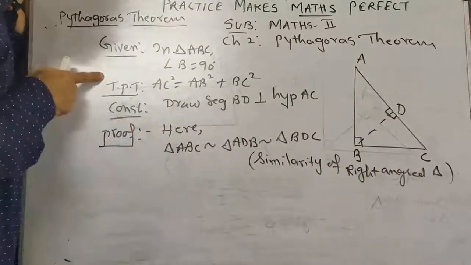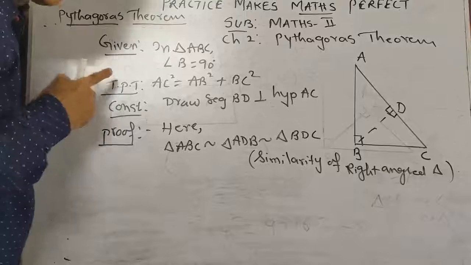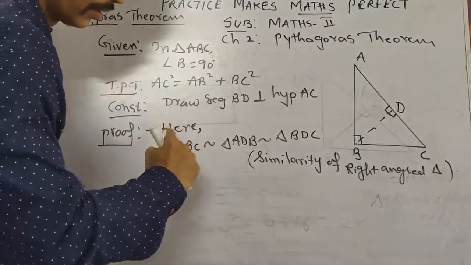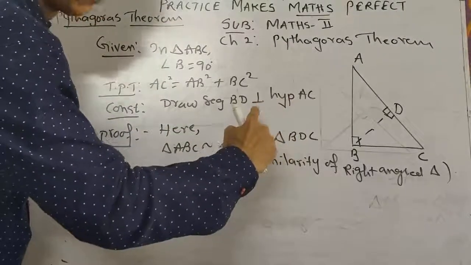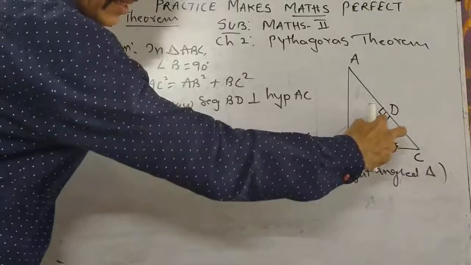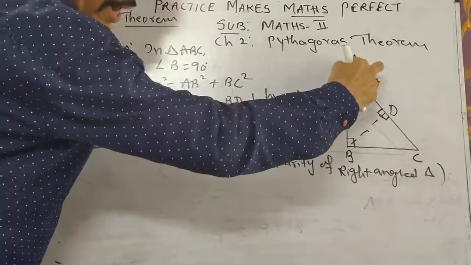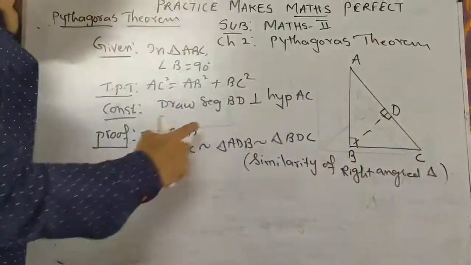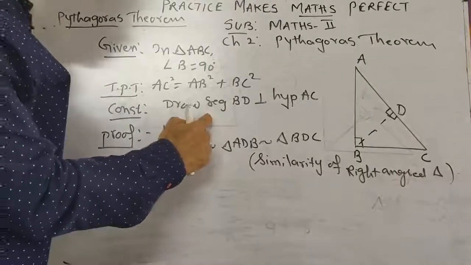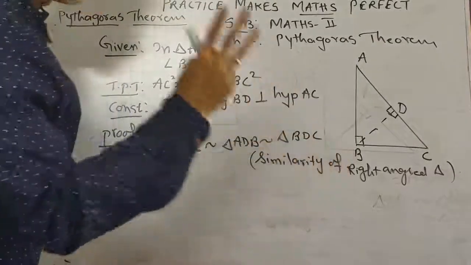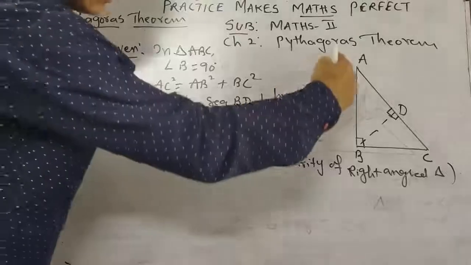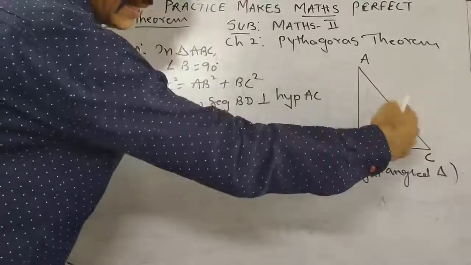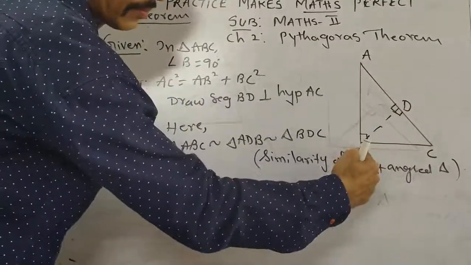To prove this, we have to draw this construction first: BD is perpendicular to hypotenuse AC. After doing this construction, you can see that there are three right angle triangles: one is ABC, one is ADB, and third one is BDC.